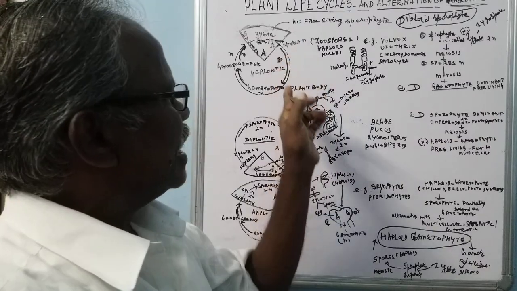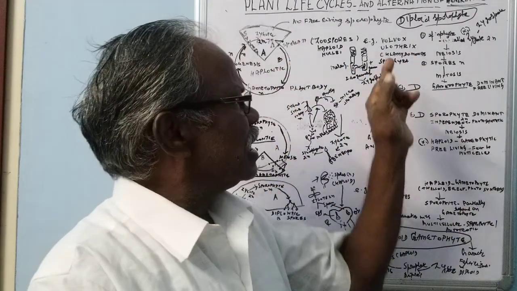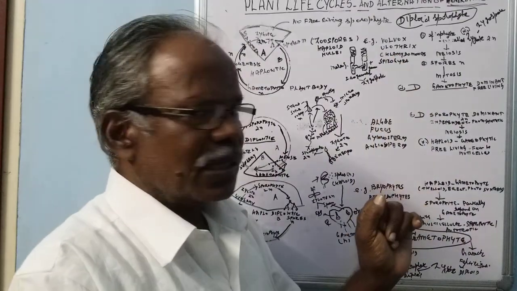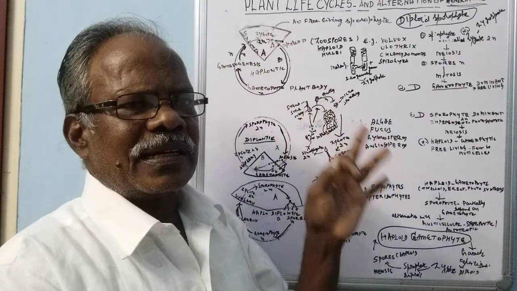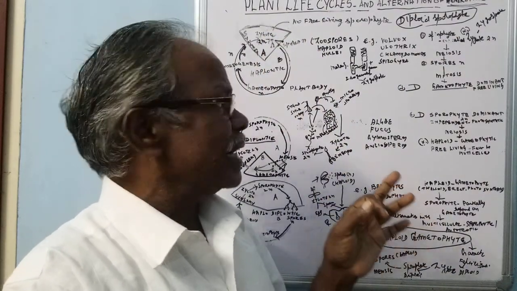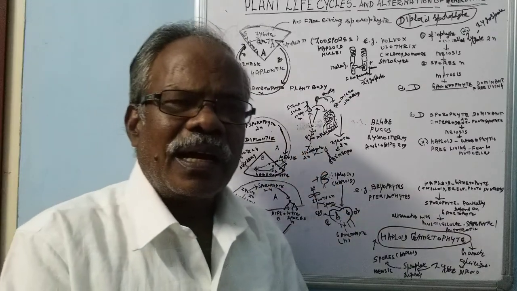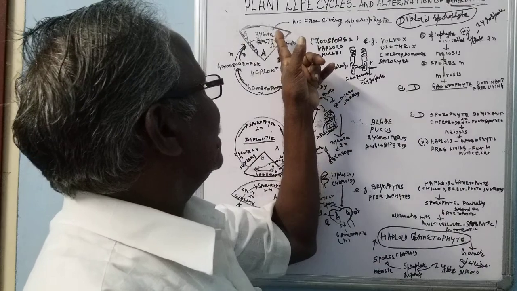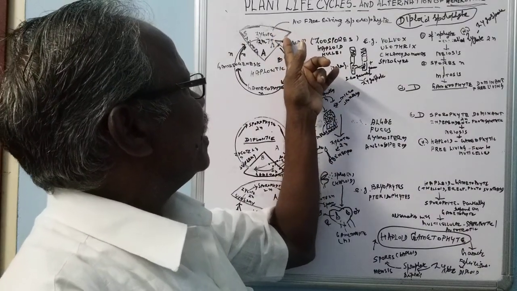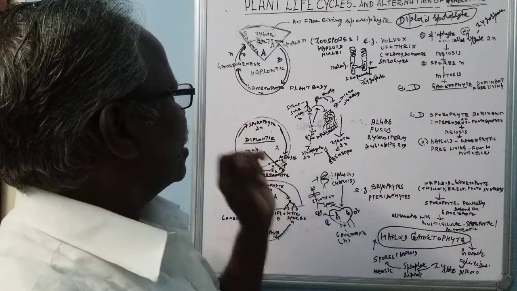So examples are Volvox, Ulothrix, Spirogyra, Chlamydomonas. These plants adopt this haplantic alternation of generation. In haplantic, the gametophyte is the free living body, and the sporophyte is dependent on gametophyte.